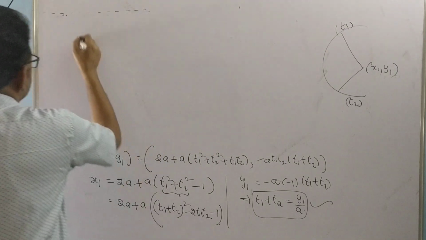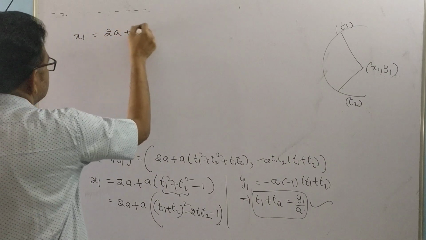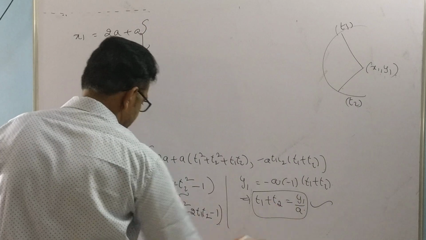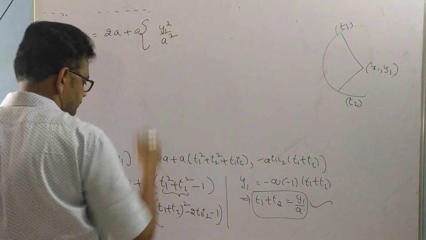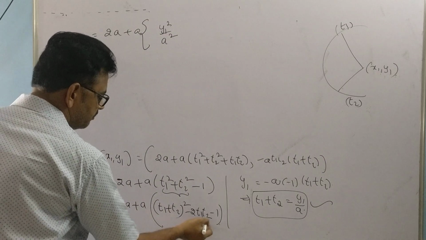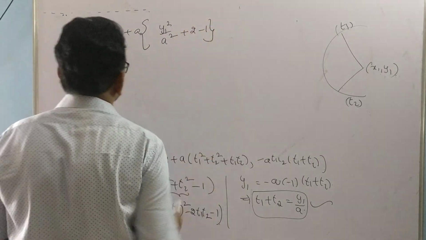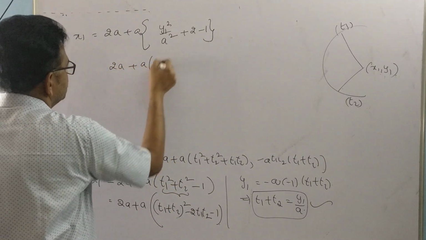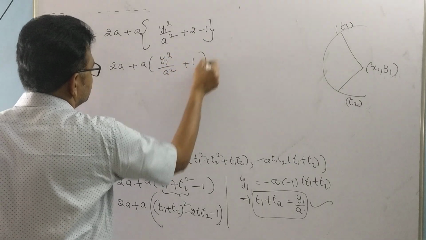So x1 is equal to 2a plus a into t1 plus t2 whole square, y1 by a, so this is y1 square by a square. Okay, t1 t2 is minus 1, so this is plus 2 into 1. So this is 2a plus a into y1 square by a square plus 1.